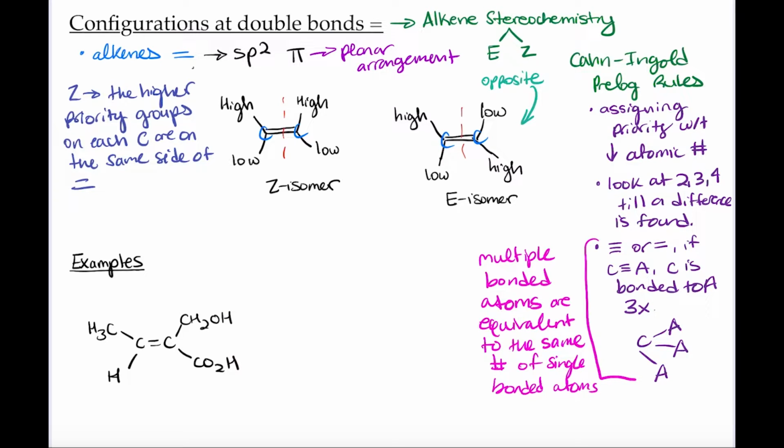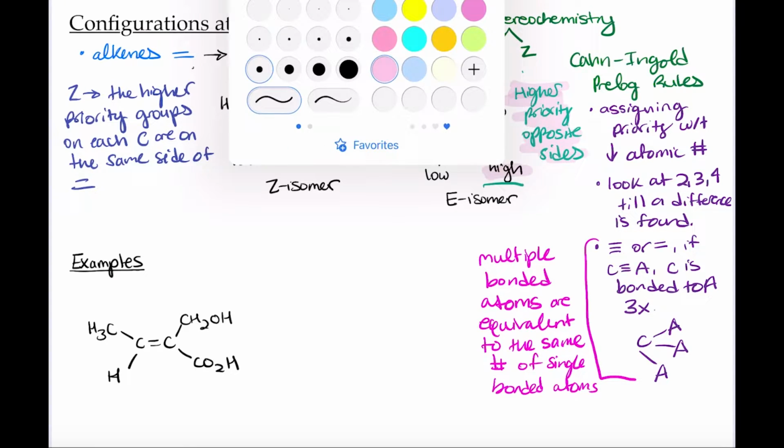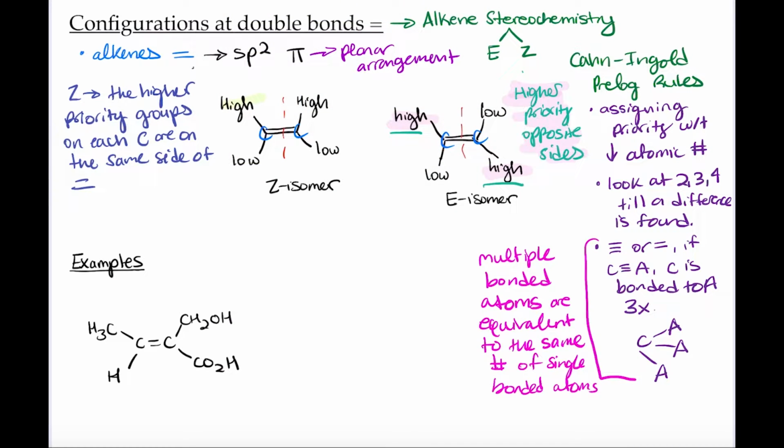I wrote it out in full here, and this is pretty much self-explanatory. This is the same side, this is the opposite side that we have the higher ranked groups on. This is what Z is that I have down.